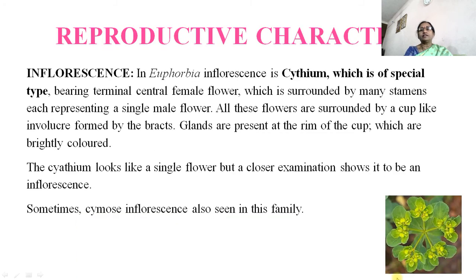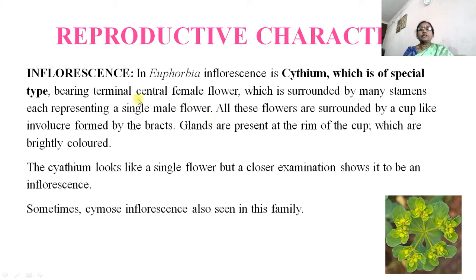Then reproductive characters, inflorescence. The main characteristic feature of this family is the cyathium inflorescence. It is a special type of inflorescence in which one central sessile female flower is surrounded by many male flowers.